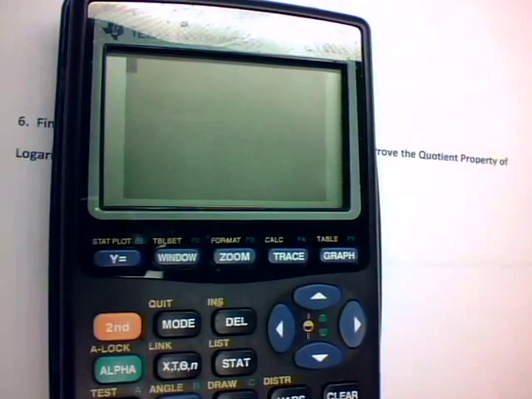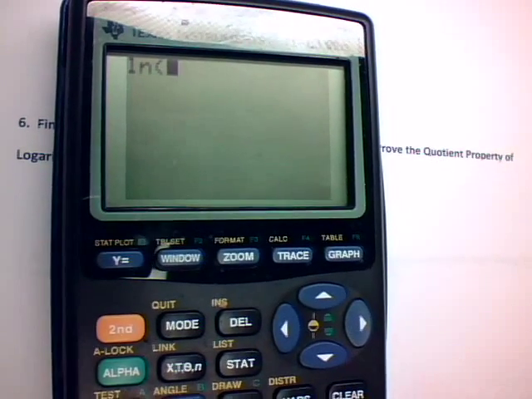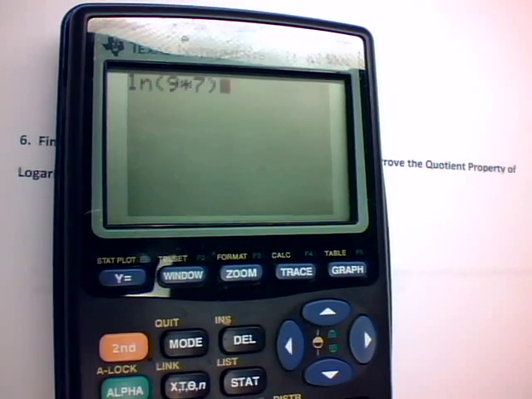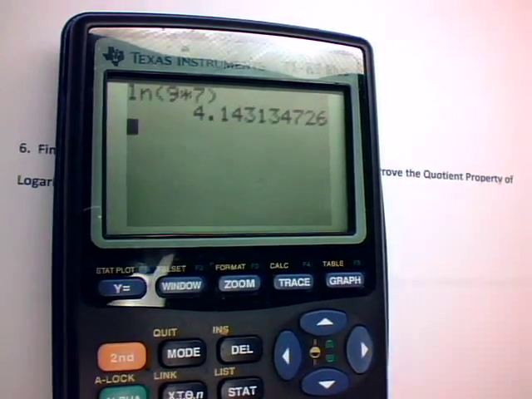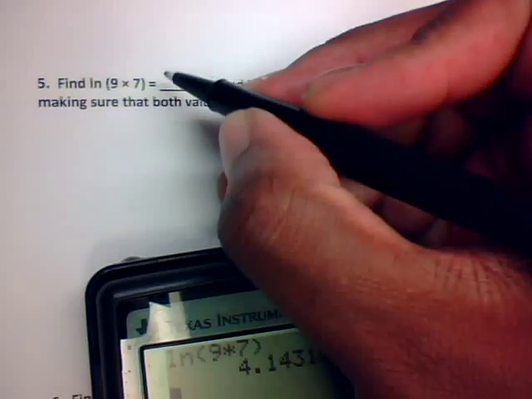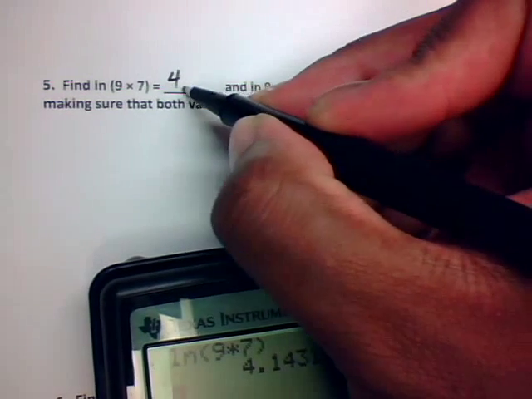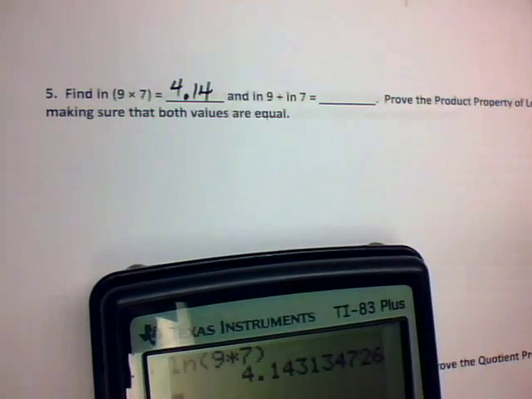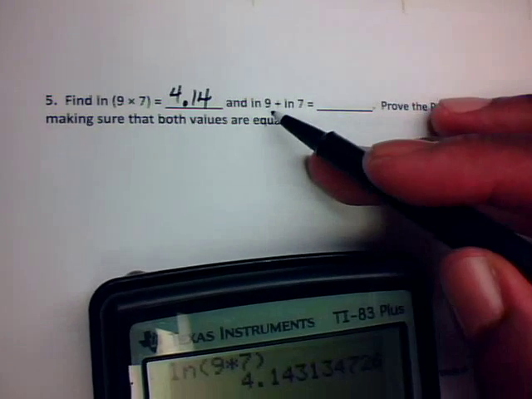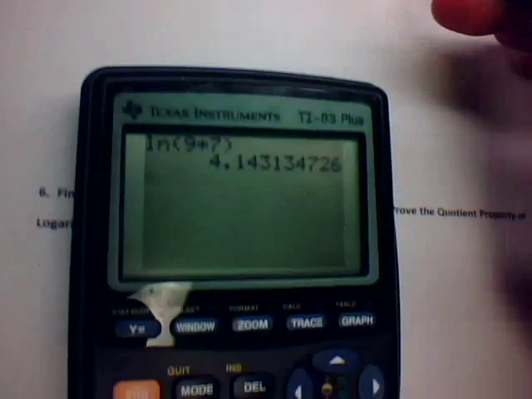So in this case, we press the ln button, and then 9 times 7, close parentheses. That's going to give you, to two decimal places, 4.14. So ln of 9 times 7 is going to be 4.14. And then you're going to do ln of 9 plus ln of 7.